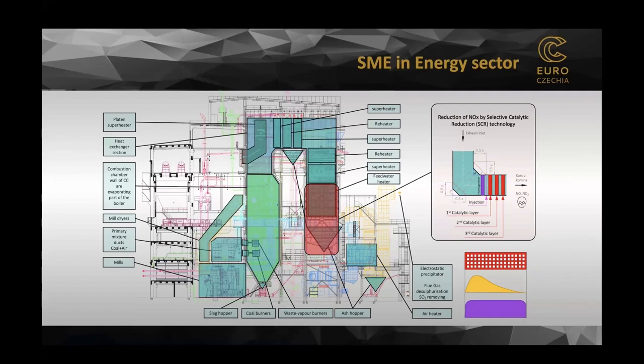This company is bidding amongst other companies to sell their solution to the customer, and for the purpose of creating the quotation for the bid, they need a very quick answer to the question: how many catalyst layers will I need for this particular installation?